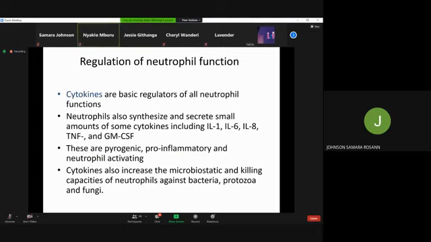Okay. So where did I lose you? Neutrophil function, regulation. Okay, we'll talk on the regulation of neutrophil function. So the cytokines are the basic regulators of all neutrophil functions. All right. So this regulation of function is through cytokines.